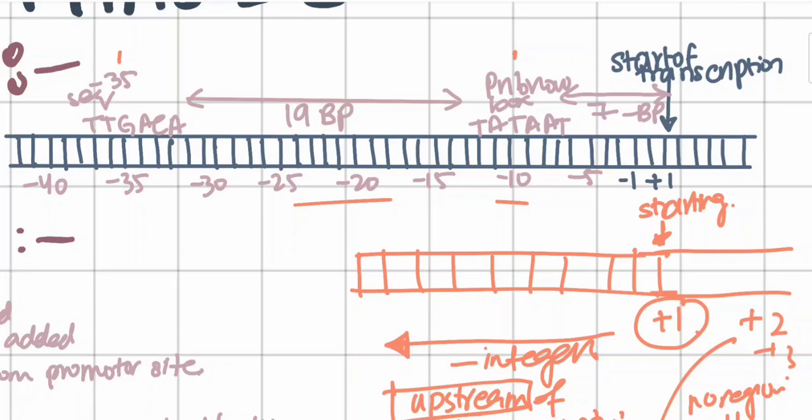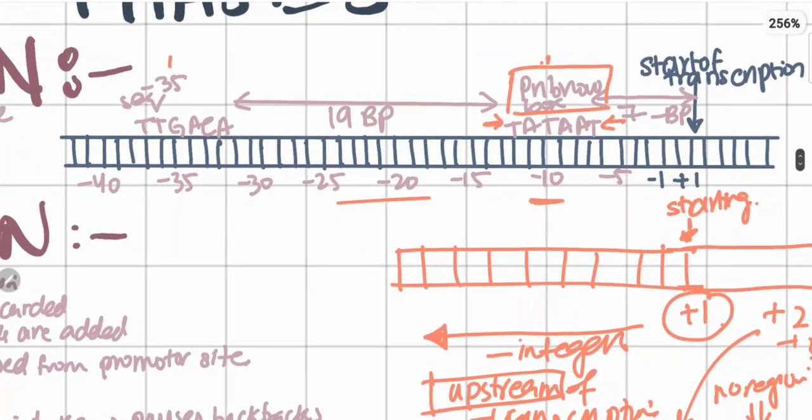Okay, now this is +1, where transcription starts, but before that at -10, this is the Pribnow box, TATAAT, right? So this is the sequence. That's the promoter region. This is going to be recognized by the holoenzyme. This is called the Pribnow box, right?